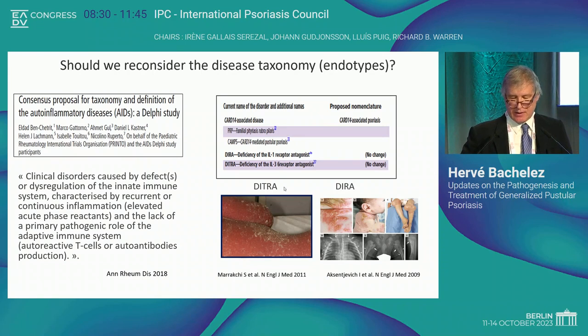But it matters regarding the treatment, because the deficiency of IL-1 receptor antagonist leads to these pustular, GPP-like lesions but with bone deformation that you don't find in the deficiency in IL-36 receptor antagonist, the DITRA. Of course, you won't treat these two diseases the same. So it does matter in the monogenic model to have a molecular classifier.